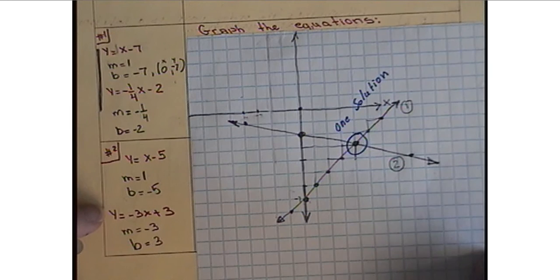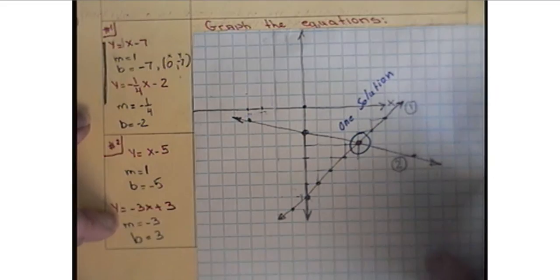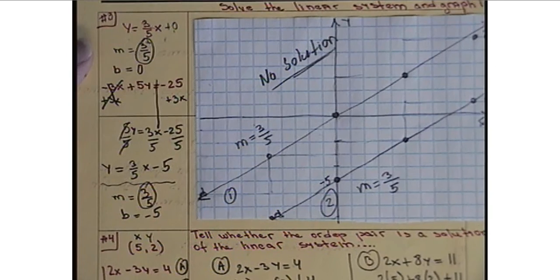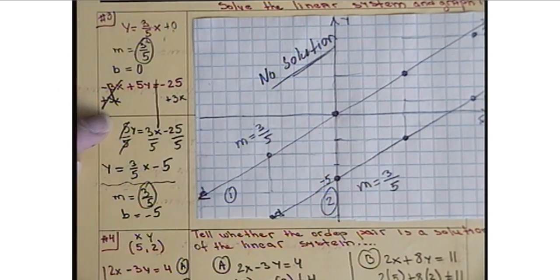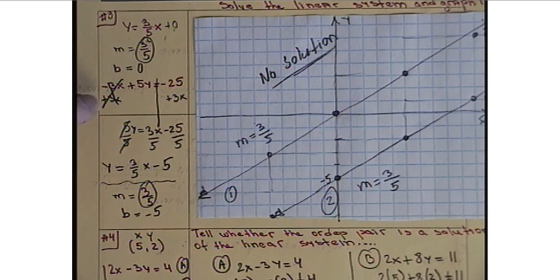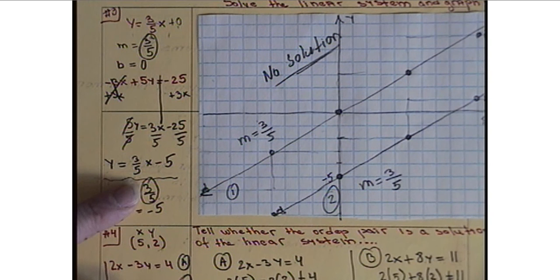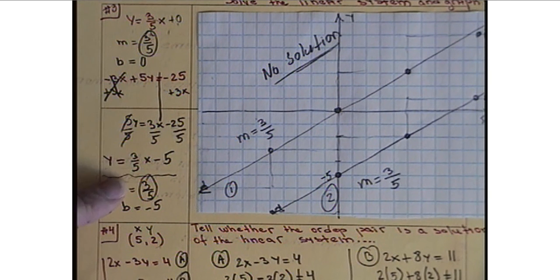The second problem was very similar to the first one. We did exactly the same thing. Then I showed you another example. If we have a system and one of the equations is not in slope-intercept form, you have to work it out and make it look like a y equals slope-intercept form equation, by solving the equation for y.